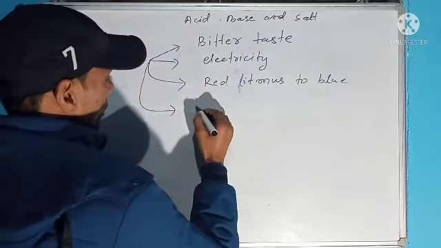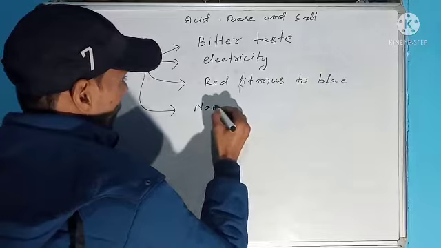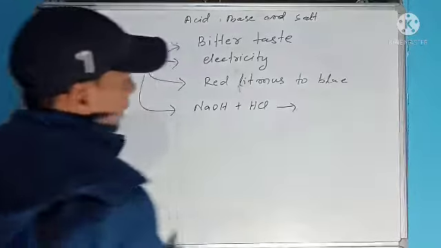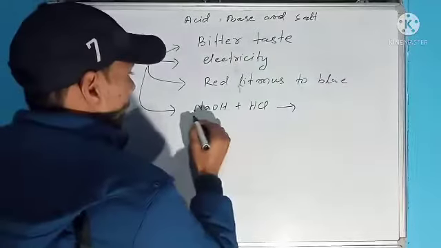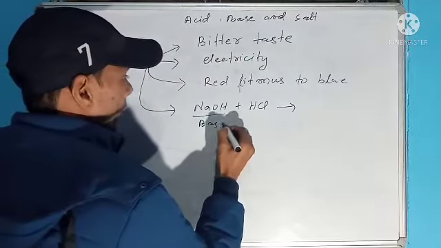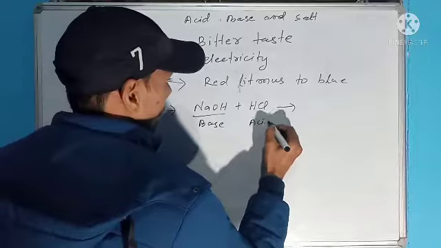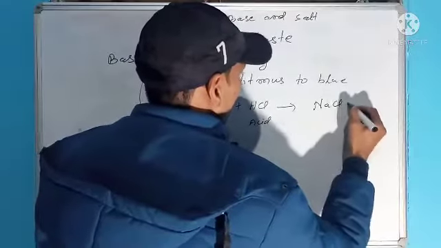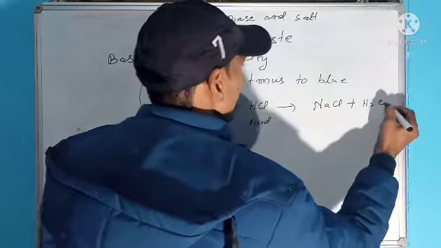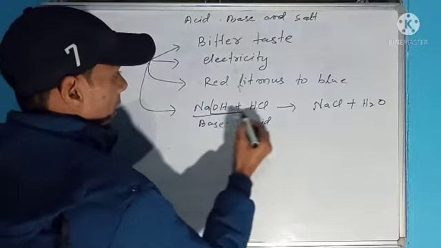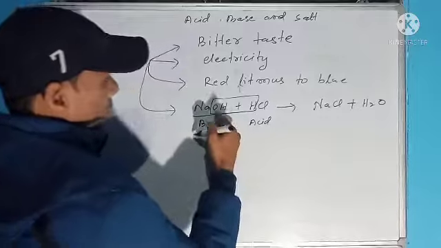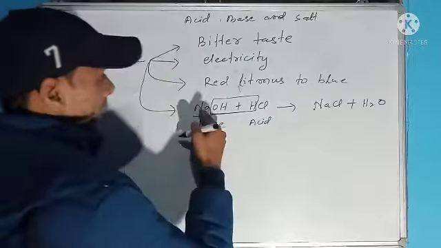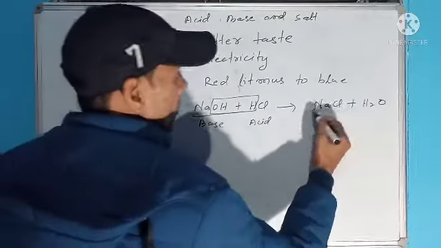For example, NaOH plus HCl. NaOH is base, HCl is acid. So it forms NaCl plus H2O. NaOH plus H forms H2O, and Na plus Cl forms salt.